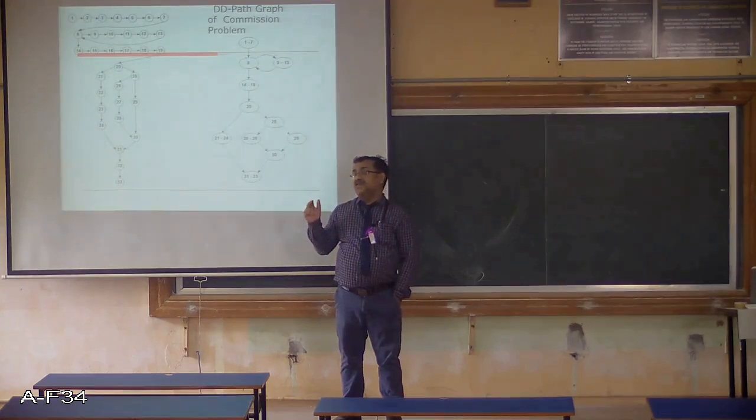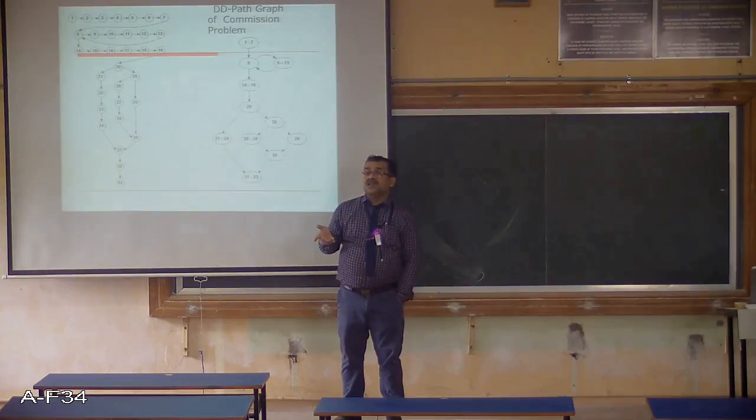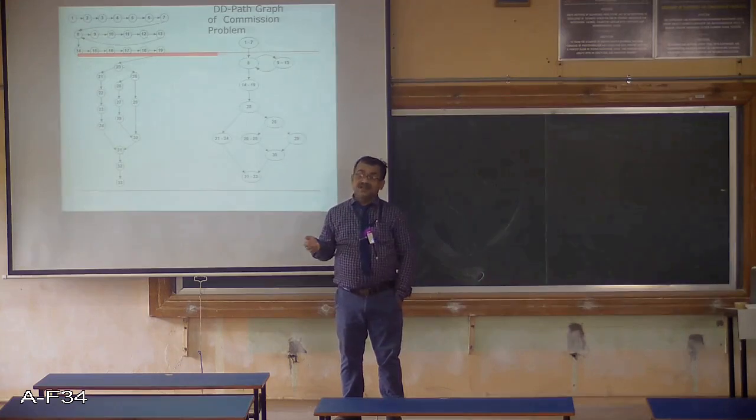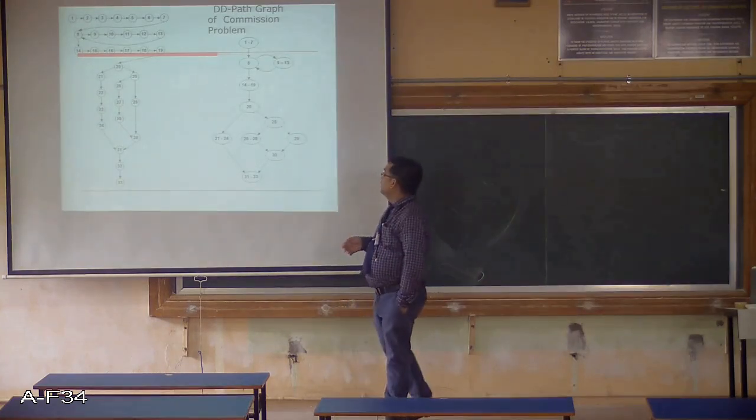After that, if he does some additional amount of sales, say another $1,800, then he gets 15% commission. Above that, if he sells even more in a particular month, say another $1,000, then he gets 25% commission. So that is the commission problem.